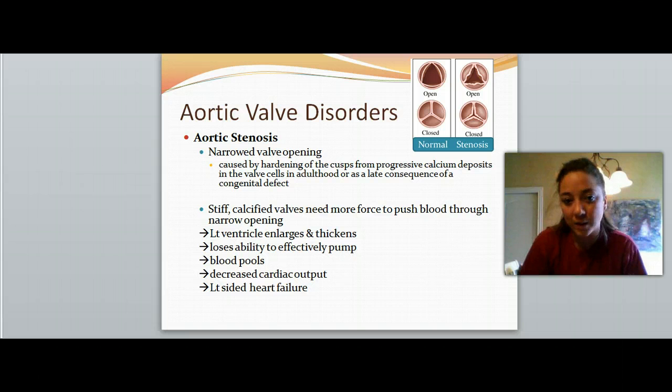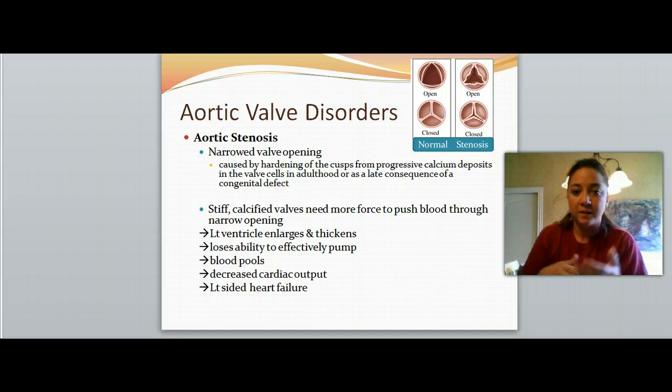I think so. Typically, this is caused because of calcium deposits that are forming on top of these valve leaflets. So leaflets. It can be a consequence of a congenital valve defect that the patient has had since birth, or it can happen progressively as calcium is depositing on those leaflets.